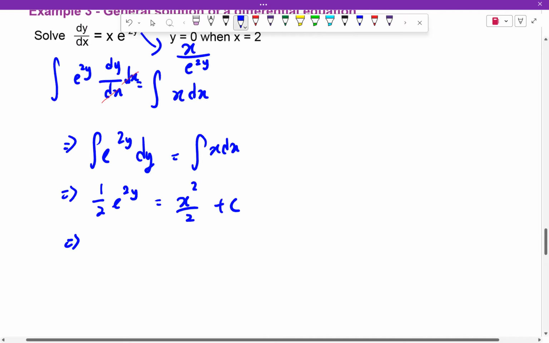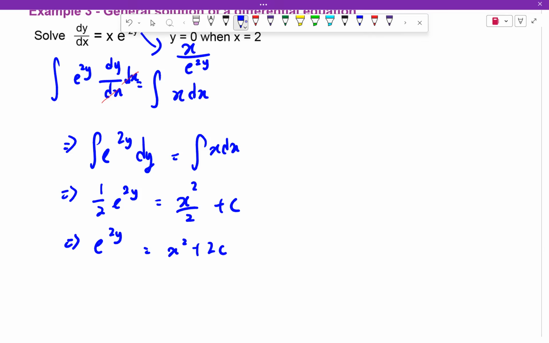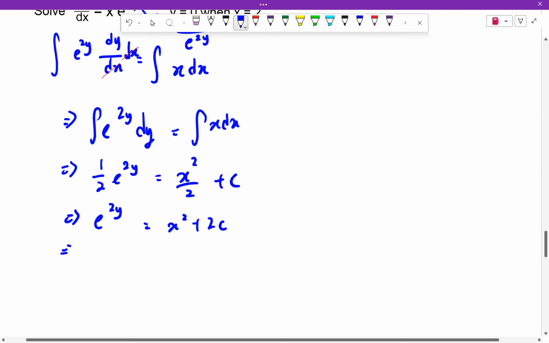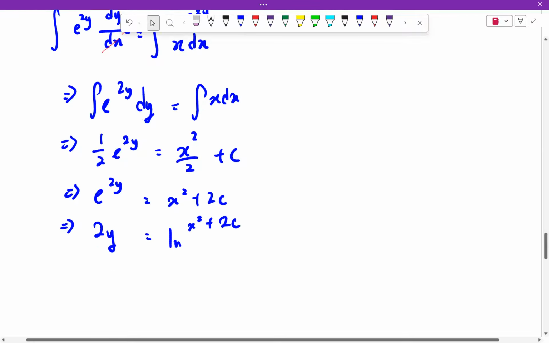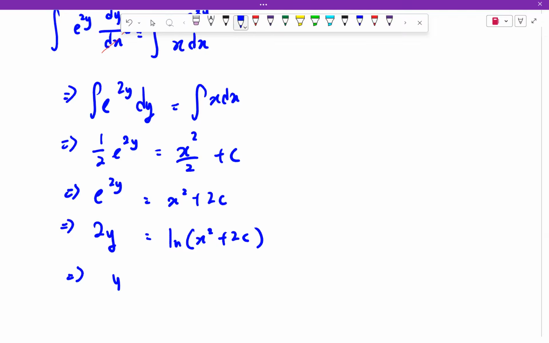So it will be 2e to y equals to x squared plus 2c, and then it will become 2y equals the ln of x squared plus 2c. Oh, sorry. X squared plus 2c. So in this case, y would equal to half of ln x squared plus 2c.